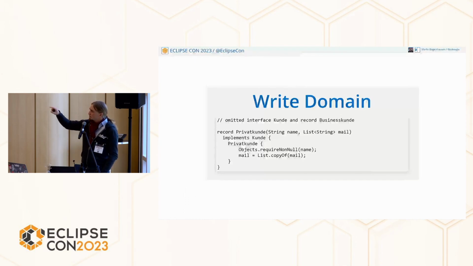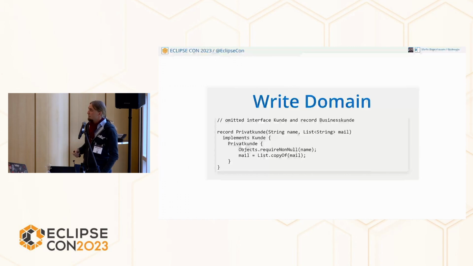The private Kunde canonical constructor down there has no explicit parameters. They're the same as above. The canonical constructor is there for checking the data that gets into the record, like the object require non-null for the name, so we never have a name that is null.